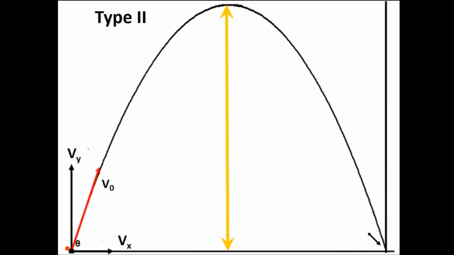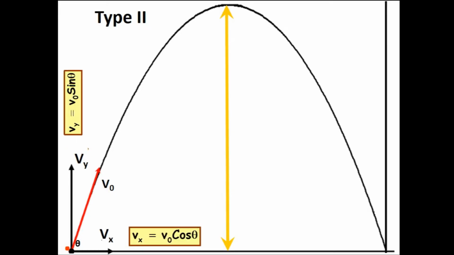Now, here's the first two. We have V naught, we have Vx and Vy, and understand this, that if I was going to apply the equation Vy equals V naught minus gt, where V final is 0, I'm going to be able to simplify that equation as you will see.